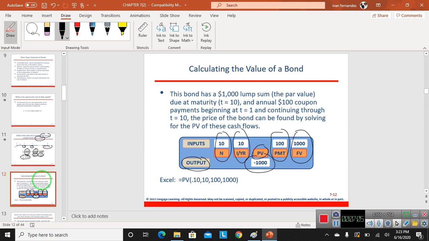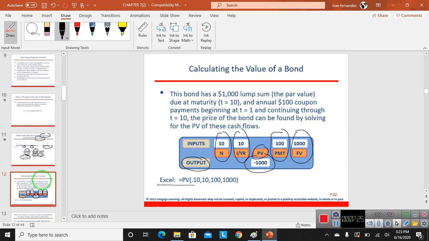Why is it negative 1,000? It's negative 1,000 because the financial calculator is telling you that for you to obtain these positive flows, you're going to have to pay $1,000. That's going to be a negative flow because the $1,000 is going to come out of your pocket and into someone else's pocket. Okay.